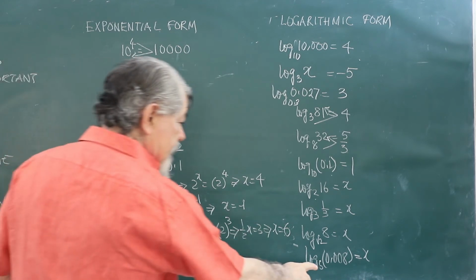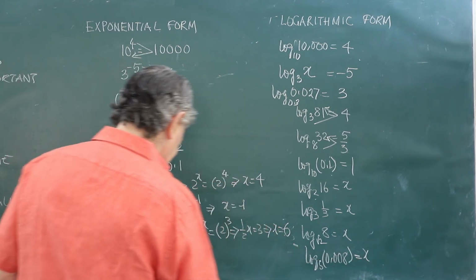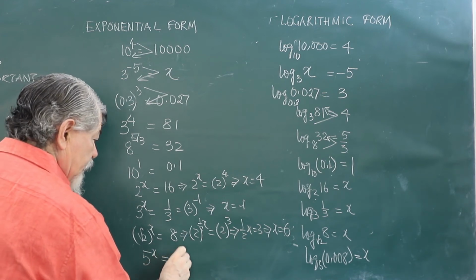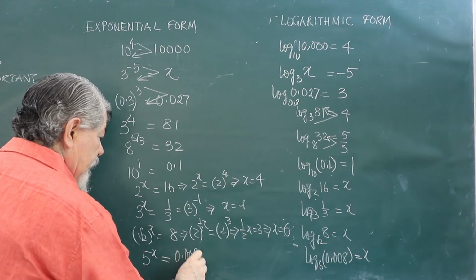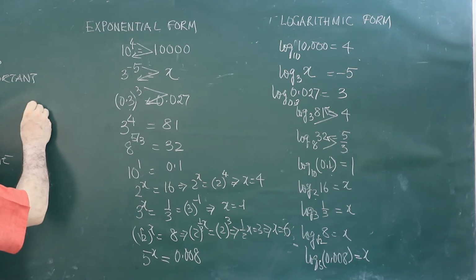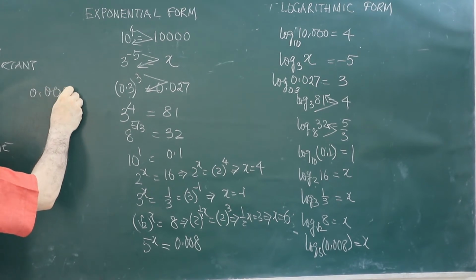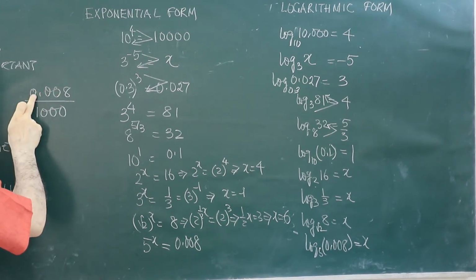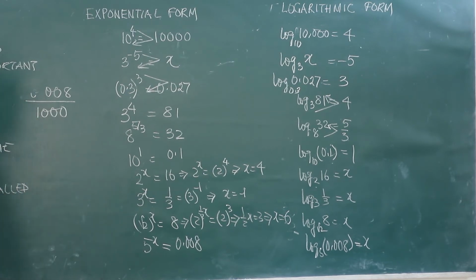The last one is 5 to the power x is 0.008. You have to again calculate the value of x. 0.008 means what? It means 8 upon 1000.